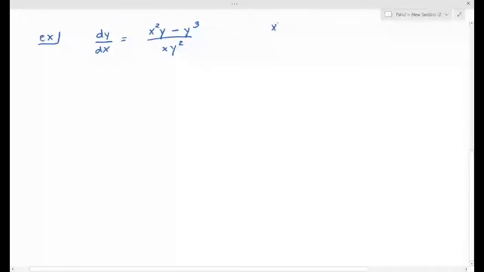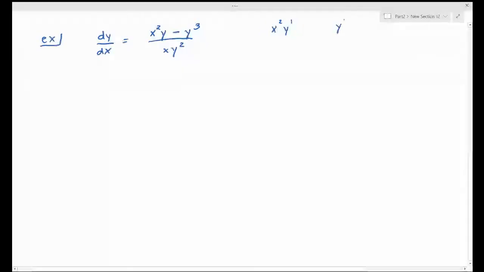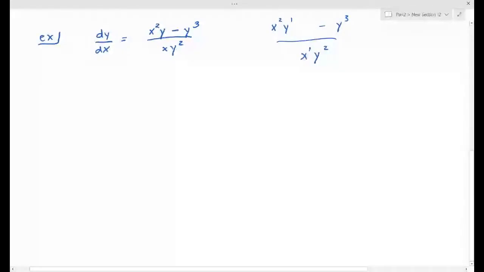So, if you take the power for x and the power for y and you add them, regardless of which term you look at, you would always get 3. So that's sometimes an easy way to see that you have a homogeneous differential equation. And the right-hand side, indeed, is just a function of y divided by x.